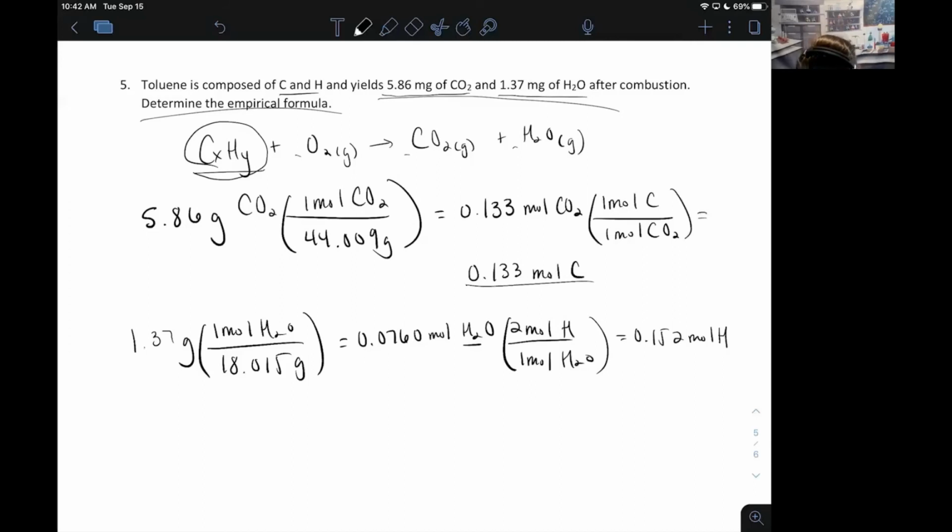So we're going to divide each by 0.133. And we get 1 here, and we get 1.14 here. So, 1.14.